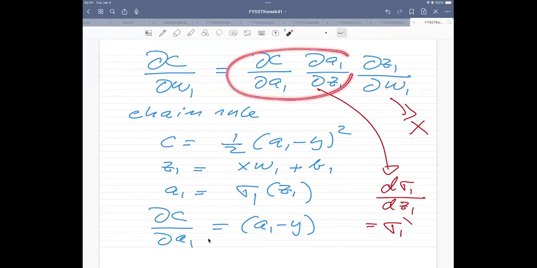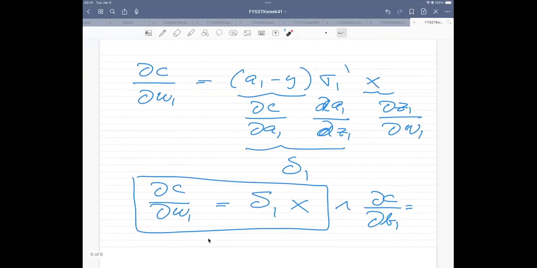This term is the one we call delta 1. But if I take the derivative of this quantity with respect to B1, this is just 1. So what I get is simply delta 1. And now I have everything needed to train the model.